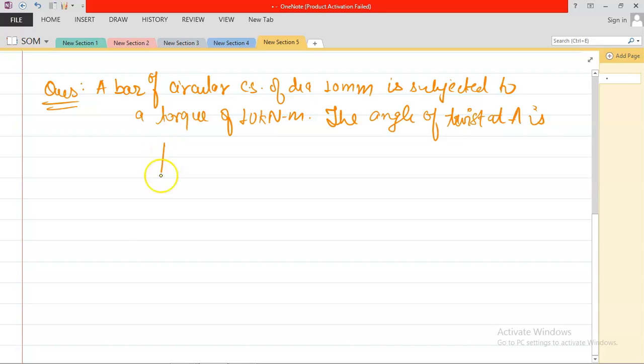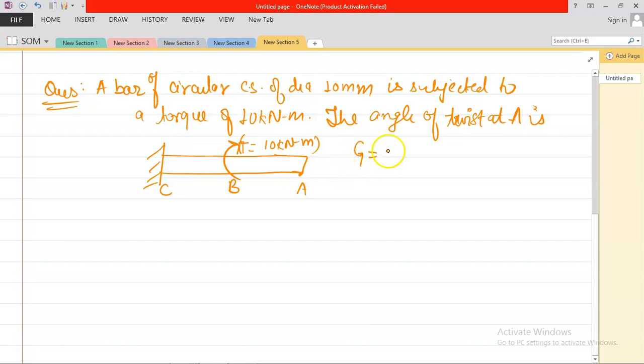The angle of twist at A is to be found, and the figure is like this. You have to find the angle of twist at point A, and your given G is equal to 1 into 10 to the power 5 megapascal. So I want everyone to solve this question at point A. I am giving you 2 minutes. If you solve, then I will explain.